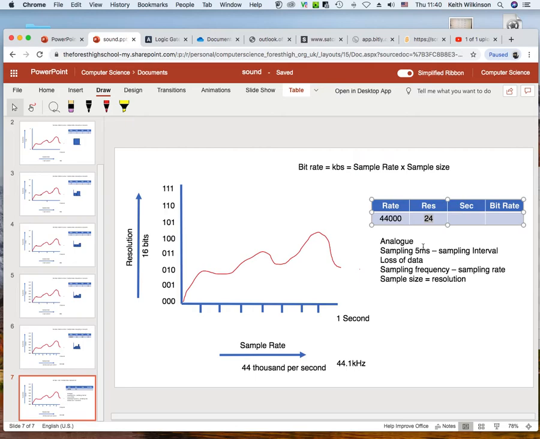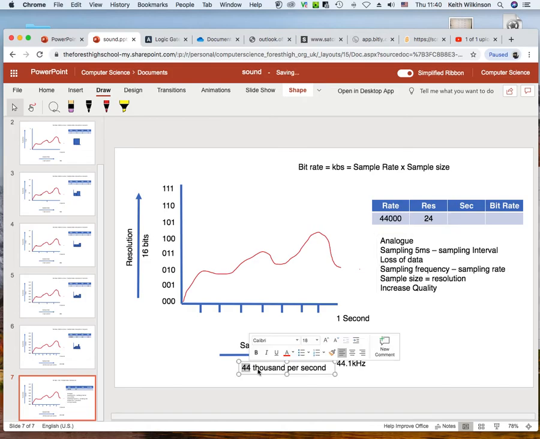So the important part is that to increase the quality of the sound that we record, what we need to do is increase the sample frequency. So the sample rate needs to be up. So the larger this number, the better the quality. And as I said, there is a limitation.